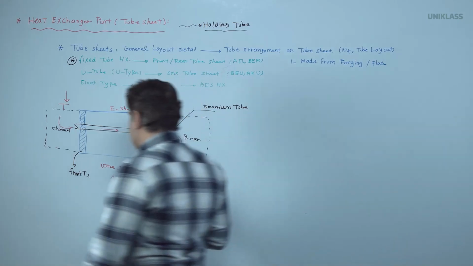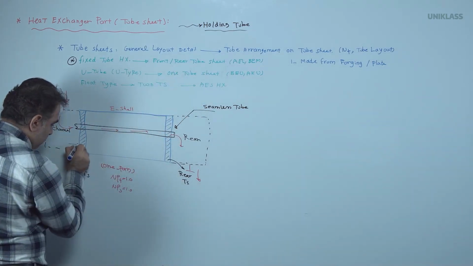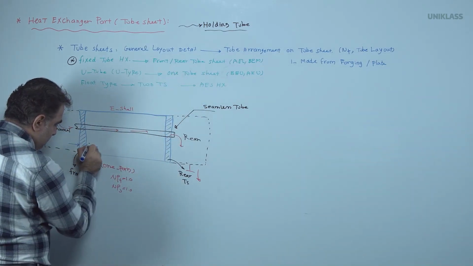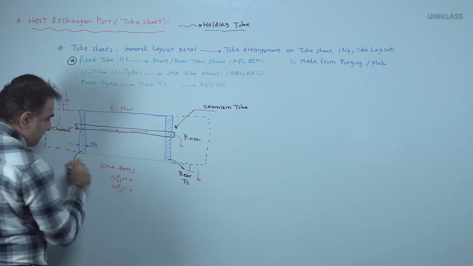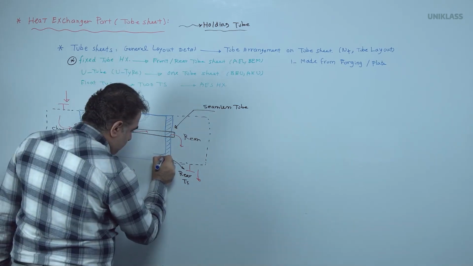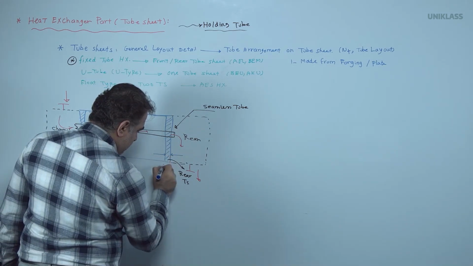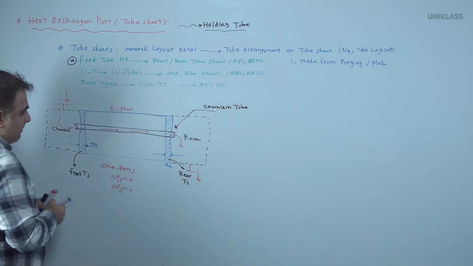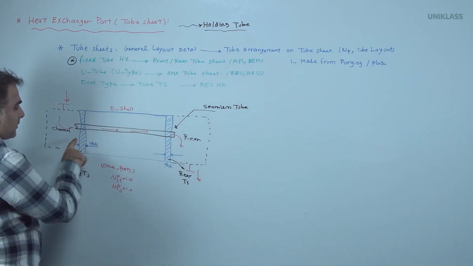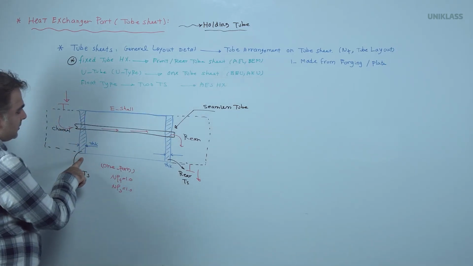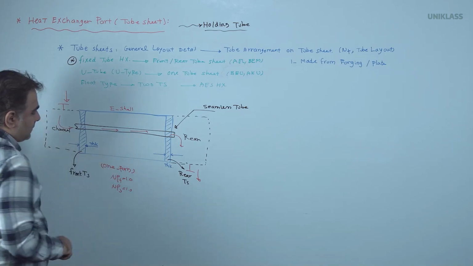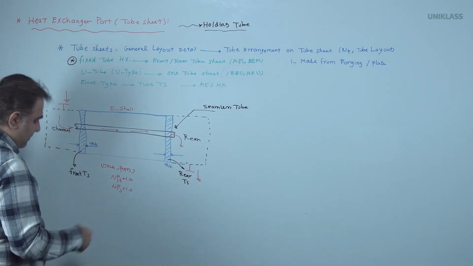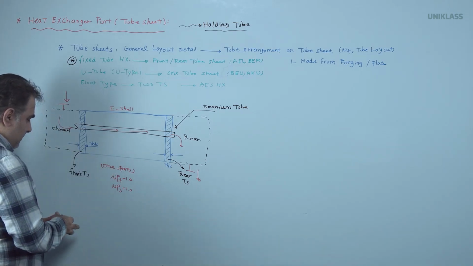This is the thickness of the tube sheet. The mechanical engineering team tries to find the material, thickness of the tube sheet and mechanical specification for the heat exchanger.